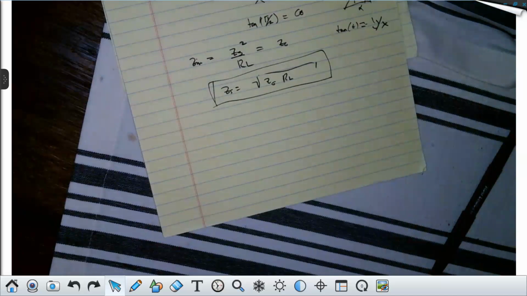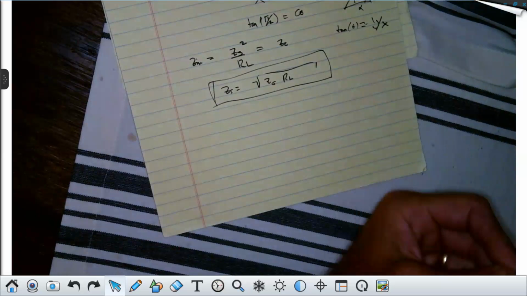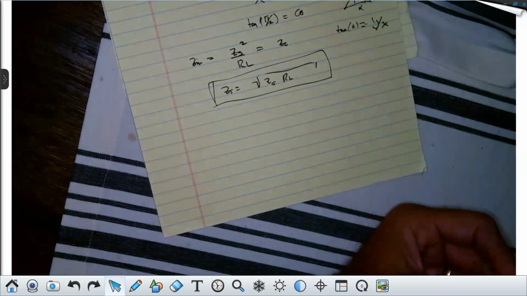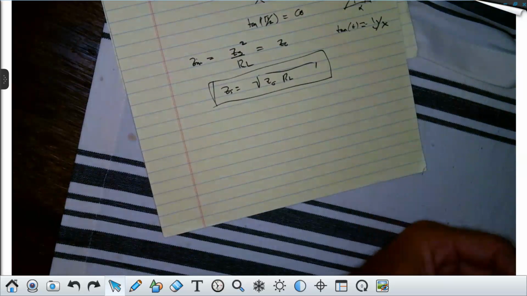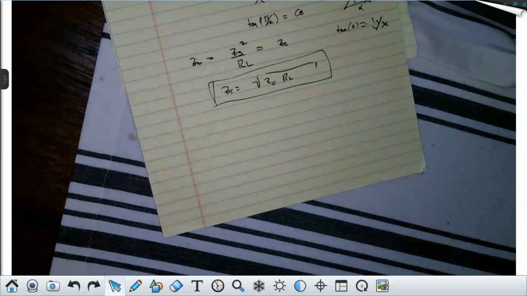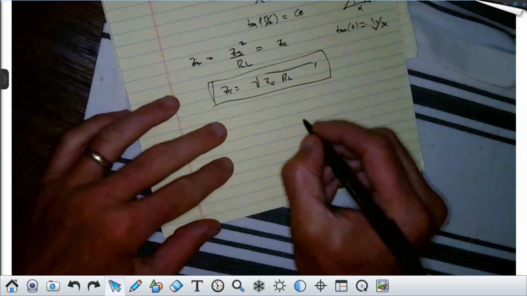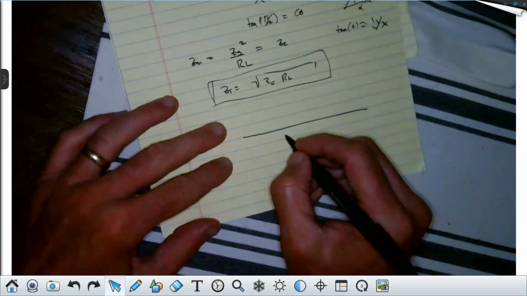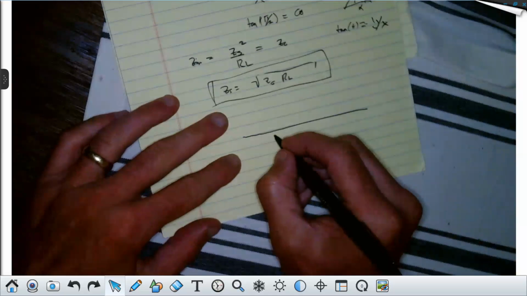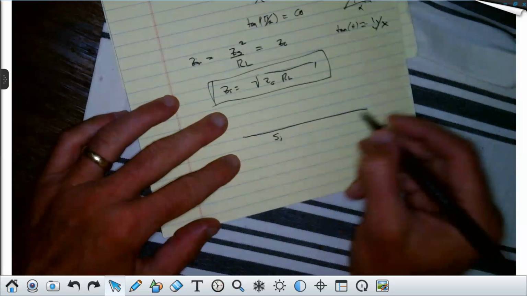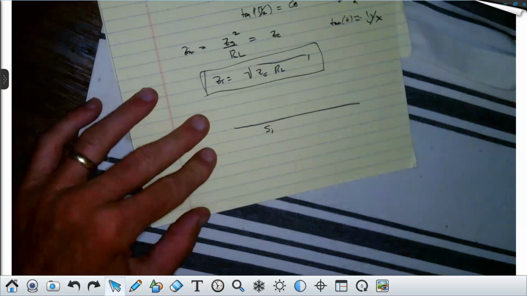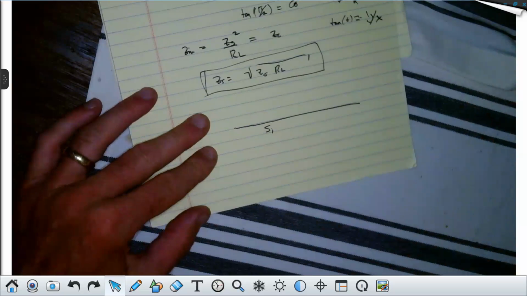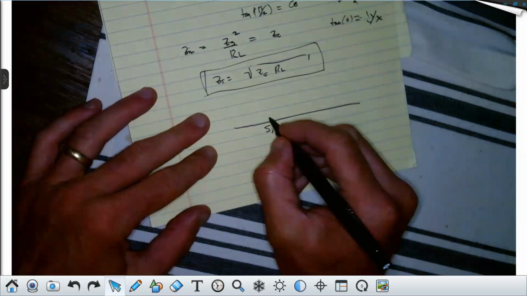Another very common transmission line is called a coplanar waveguide, and these are fabricated on circuits. Typically you're going to have a doped silicon. Have you all had your class that talks about silicon and how you can dope it and make it a conductor? Then you grow an oxide on it.